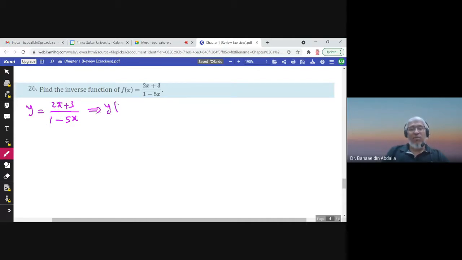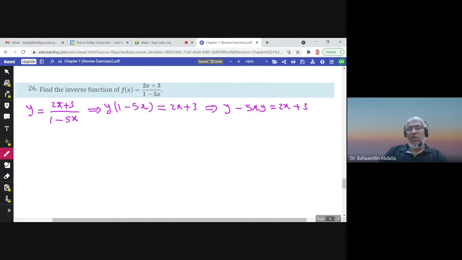So y times 1 minus 5x would be equal to 2x plus 3 times 1, because this is y over 1. Okay, so we have y times 1 is y, negative 5xy would be equal to 2x plus 3.